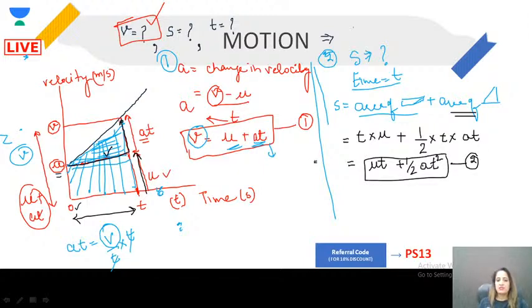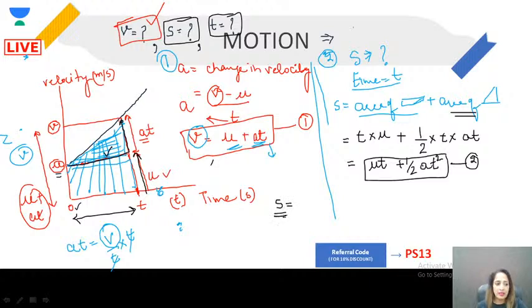So we have successfully calculated two motion equations, for when somebody asks us to calculate the final velocity and when somebody asks us to calculate the distance. Now let's say somebody asks us to calculate the time taken. What will we do? Very simple. We will use the same thing, but this time s is equal to the displacement.